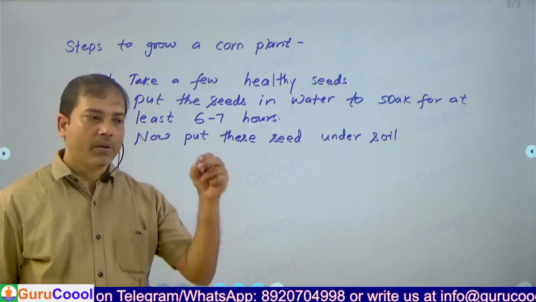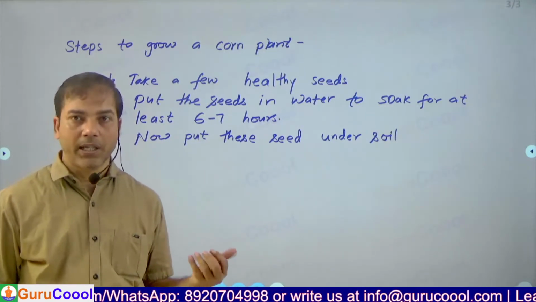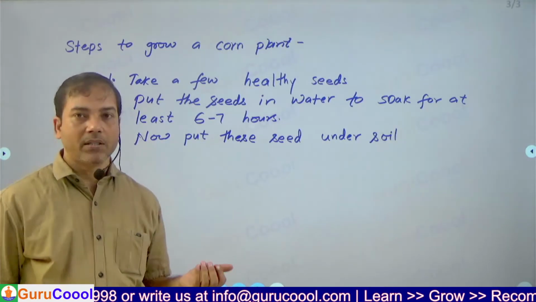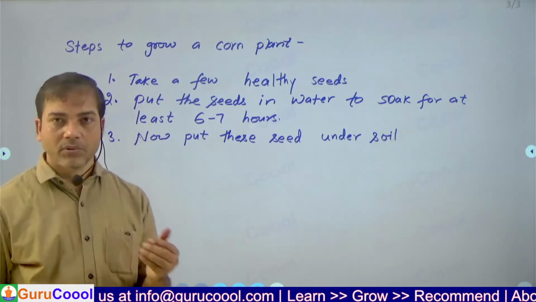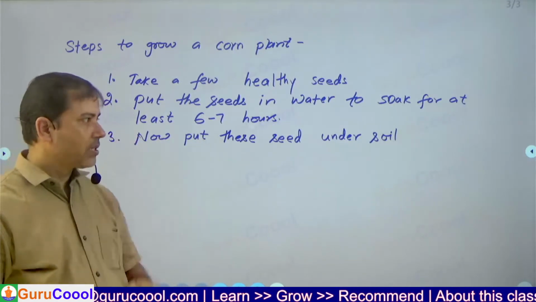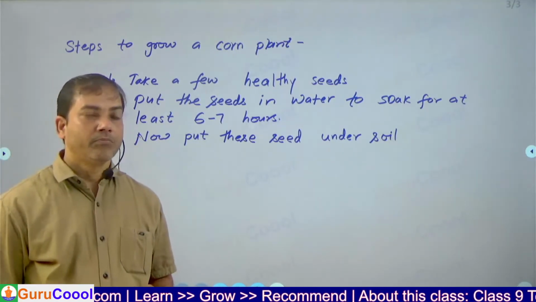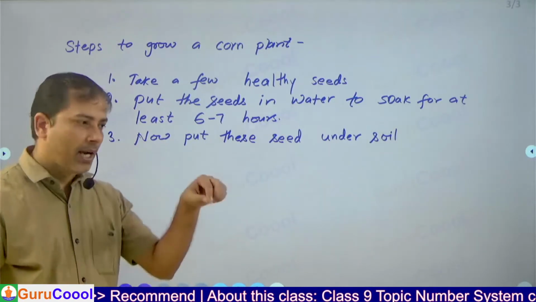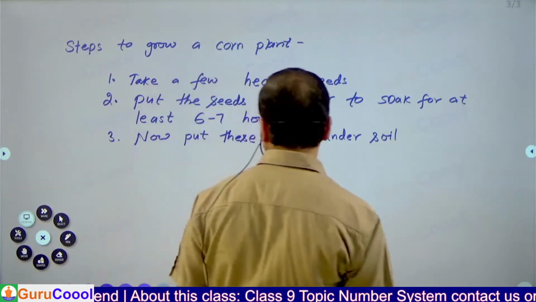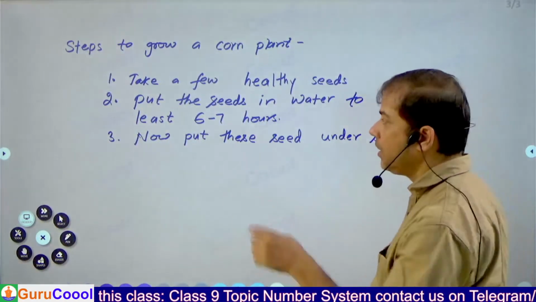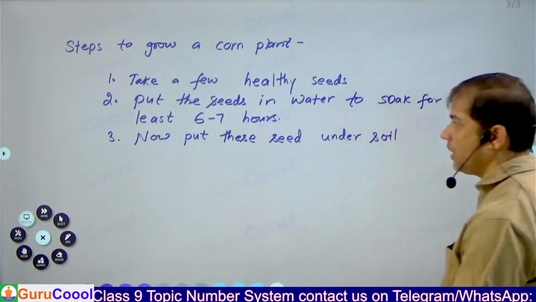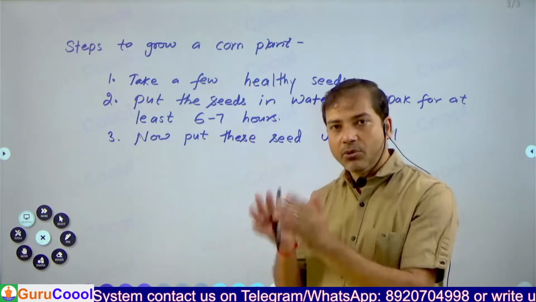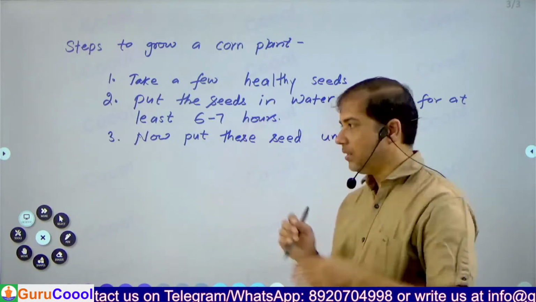If we put 3 seeds, maybe one of them will die and two germinate, or maybe two of them die and only one germinates, depending on the conditions. So for precaution, we put more than one seed. I suggest 2 seeds at least at one place. If both of them germinate, you can remove one of them later, so that only one plant is at one place. If only one plant is there, it will grow healthy.